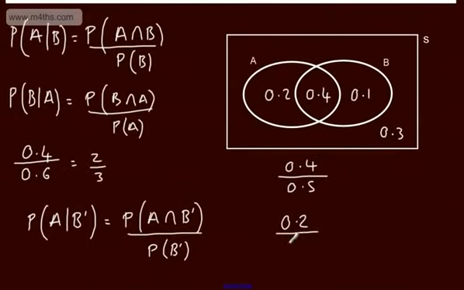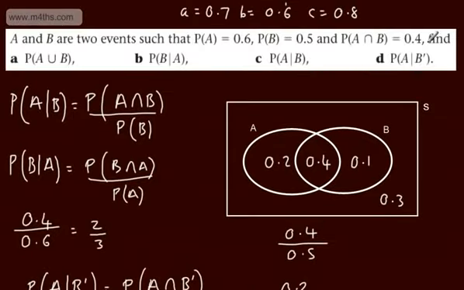So what we end up with then is 0.2 over 0.5, which gives us 2/5, which is 0.4. So D is going to be equal to 0.4.